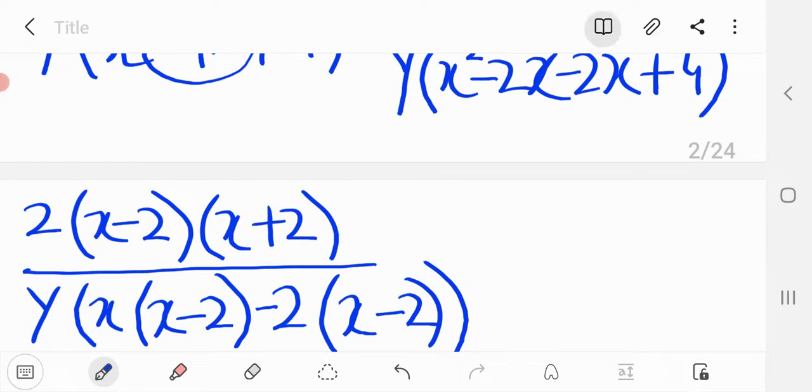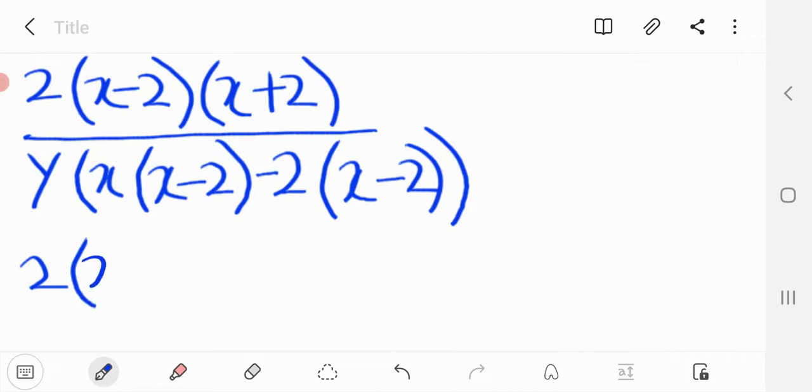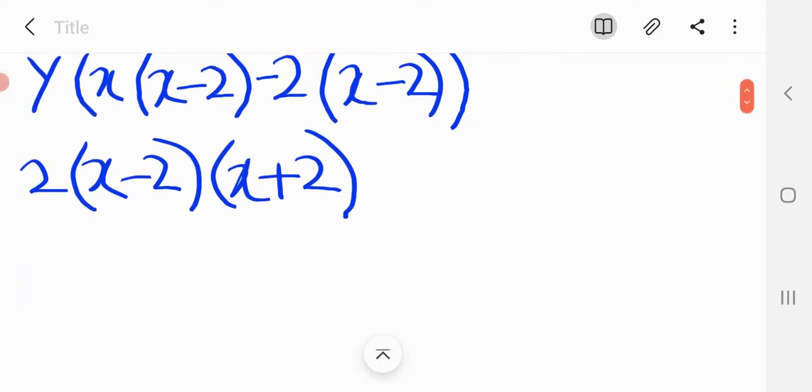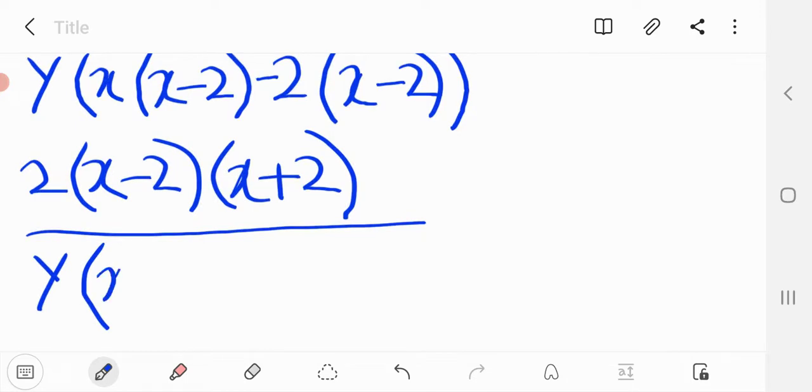So in the next step, I'll write it like this: again 2 into x minus 2 and x plus 2, because there may be a similar factor in both numerator and denominator. In the denominator we will have y into x minus 2 and x minus 2, both are common.